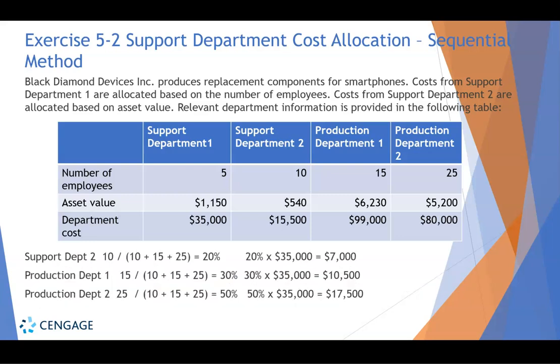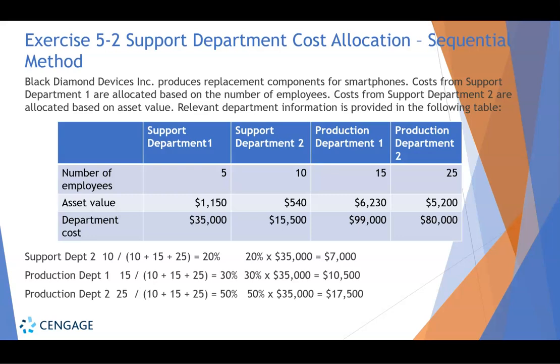So here, when we look at employees, we see that support department 2 has 10 employees, production department 1 has 15, and production department 2 has 25. So 50 employees we're allocating among.